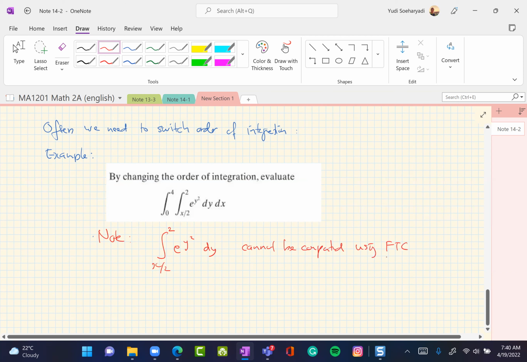It has no explicit antiderivative, so it's a dead end.